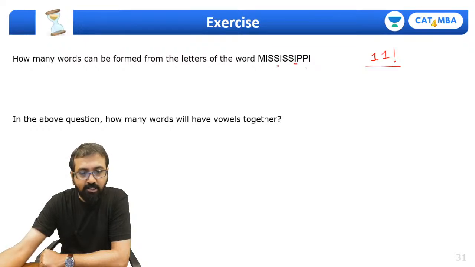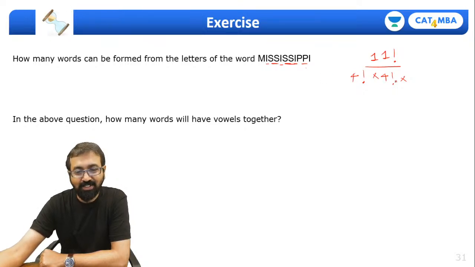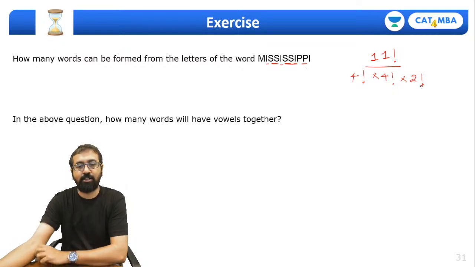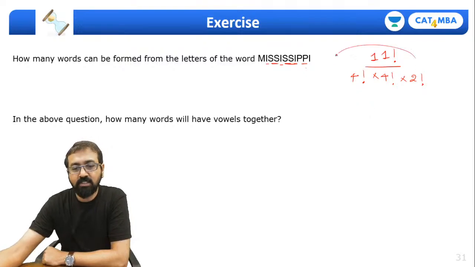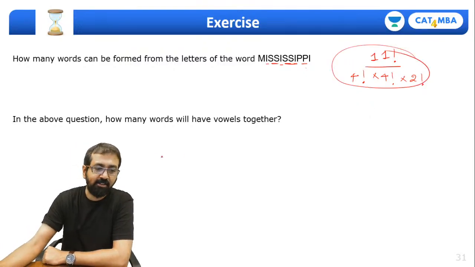Now, how many I's do you see over there? There are 4 I's, by the way, I missed one I. So divide by 4 factorial. Then there are 4 S's, so divide by 4 factorial. And then there are 2 P's, so divide by 2 factorial. Are you clear with this? So these are the total number of words that we can make.